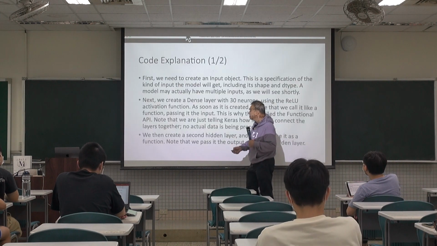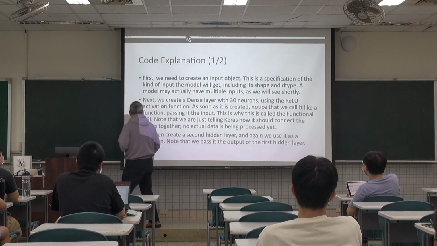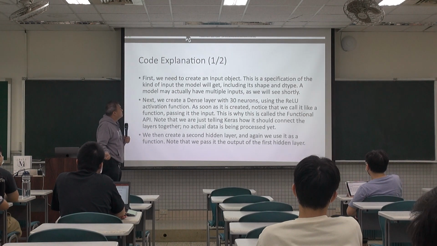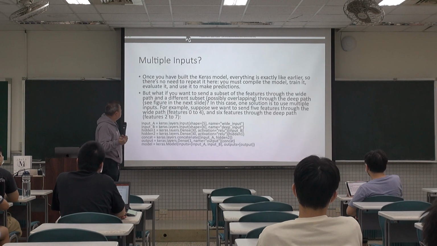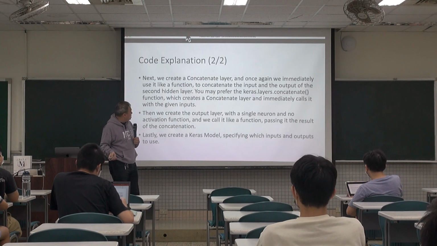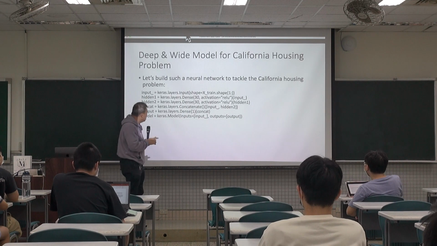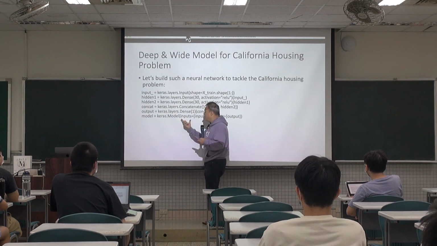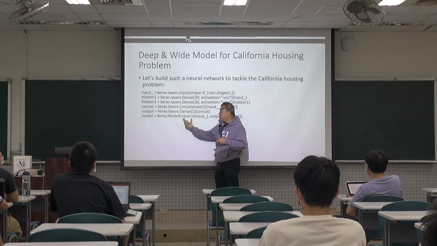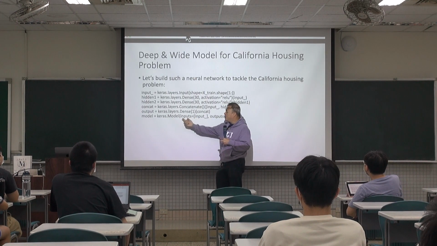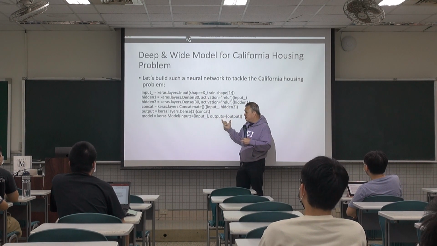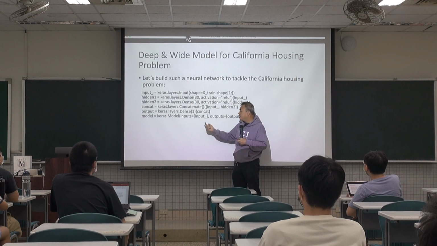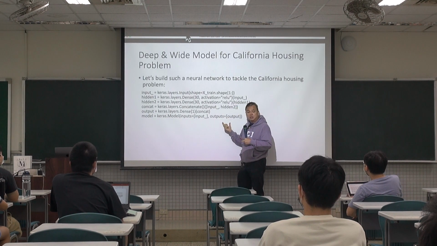I think I already explained this stuff, so I will go over it quickly. When I say we need to specify the input and the output when we create a model, it implies that we can have more than one input or more than one output in our model.